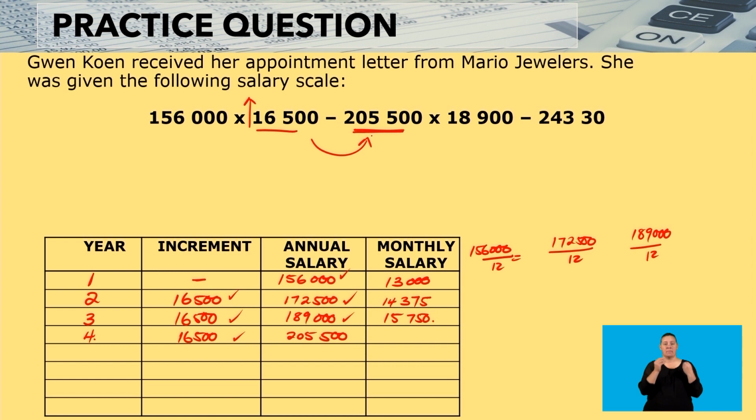Once she reaches this amount, we will stop increasing it by 16.5. It will start increasing now by 18.9. Let's get the monthly salary. We will say 205,500 divided by 12. How much do you get on your calculator?